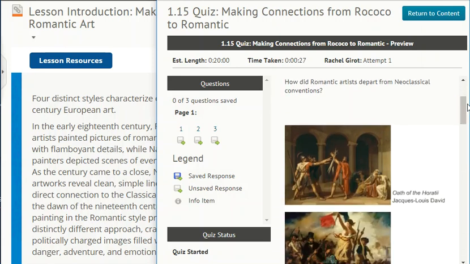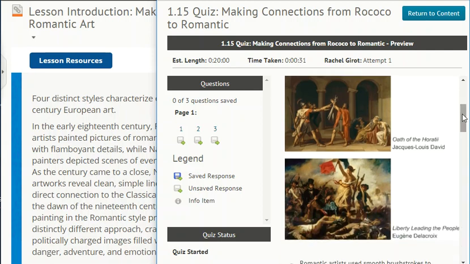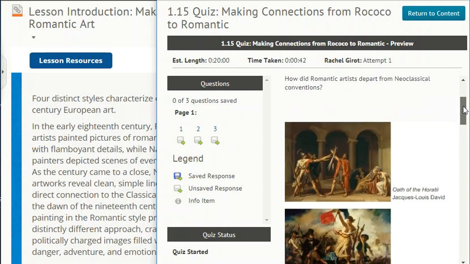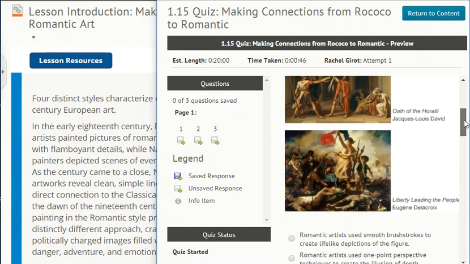Question number 1. How did Romantic artists depart from neoclassical conventions? Here we have the Oath of Horatii by Jacques-Louis David and Liberty Leading the People by Eugène Delacroix. How did the Romantic artists depart from neoclassical conventions?